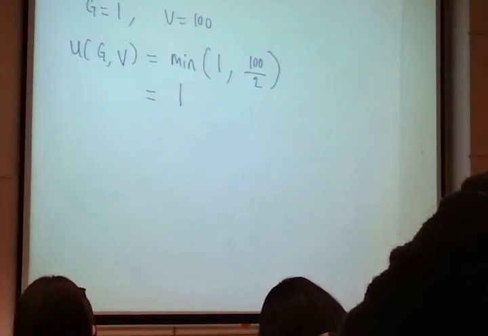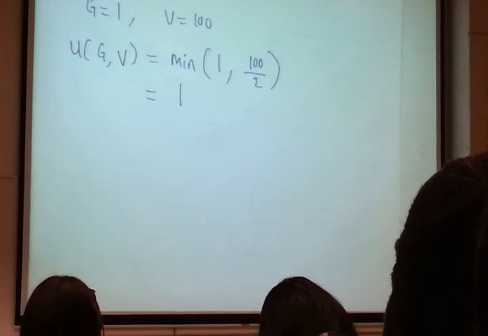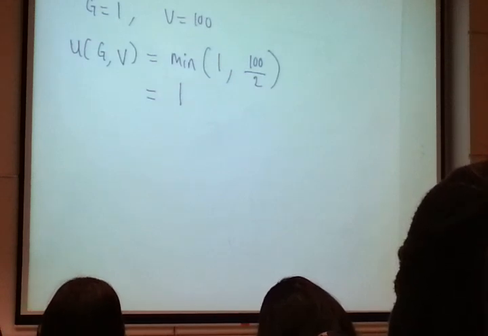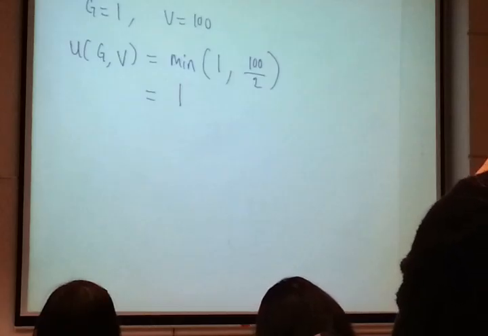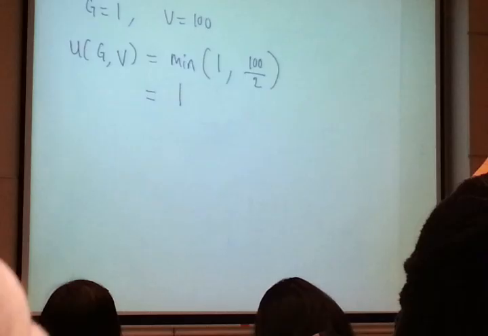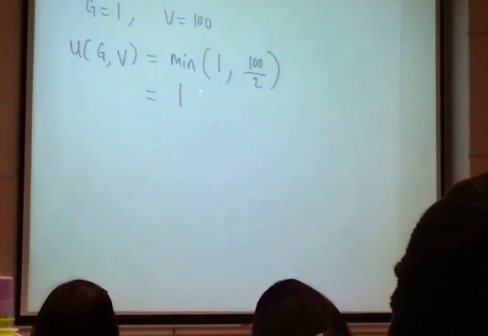If I only have 1 G and I have 100 V, how many martinis can I make? 1 only. You only need 2 V, right? So the other 98 V, what do you do? You can throw away. The most you can make is 1 martini and therefore 1 unit of utility.